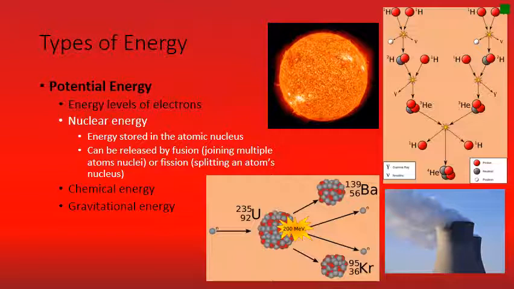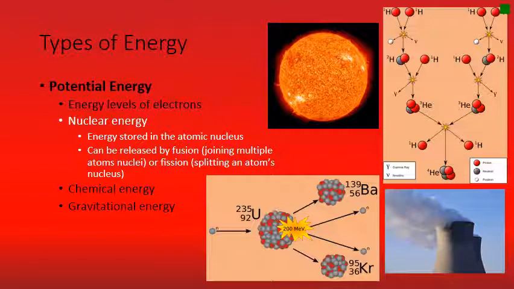Nuclear energy is another form of subatomic energy. It is the energy stored in the atomic nucleus. It can be released by two general processes, either fusion, which is the joining of multiple atoms' nuclei, or fission, splitting up an atom's nucleus.